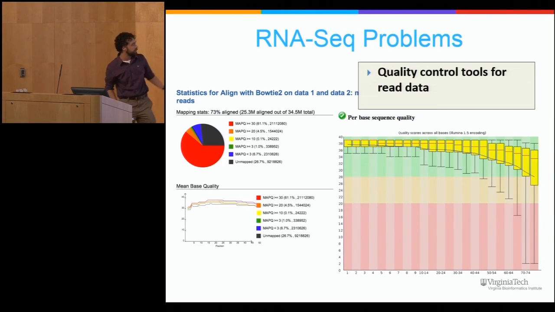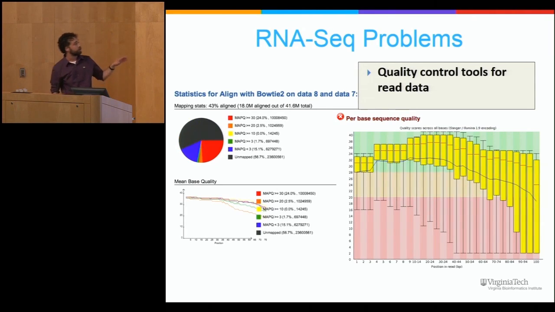Here's the base call quality of each of the different categories, or rather the amount of reads mapped for each of the different base call quality categories. And if you look, here is a really poor sample. This is from a real user where they didn't understand why they couldn't get good differential expression analysis, and it was because over half their sample wasn't being aligned, and that was because they have really bad base calls.